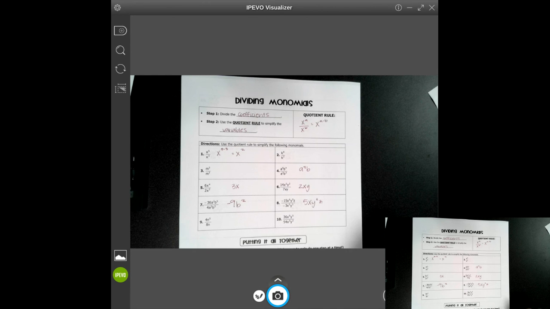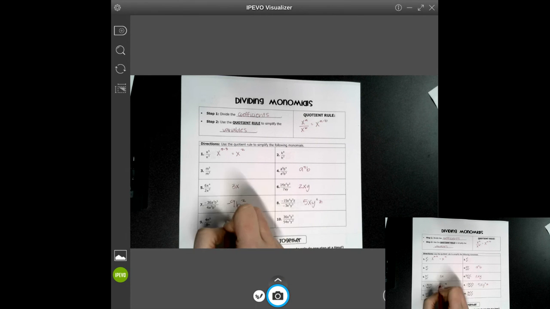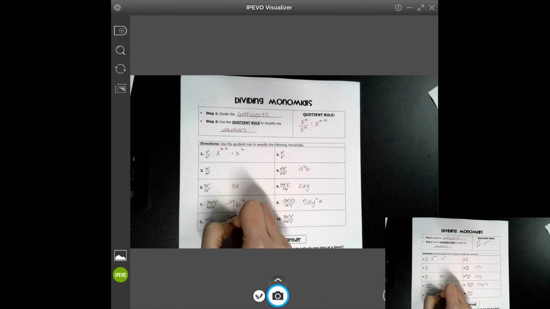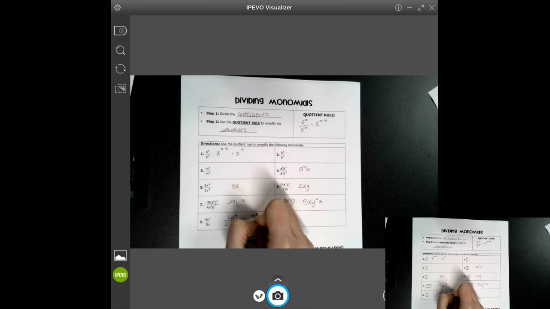They have a common factor of 4, so I can divide each of these numbers by 4, which would give me 1 over 2, and then I subtract my n's. n to the fifth over n would just be n to the fourth. Or you can write it as n to the fourth over 2. Okay, pause the video and try number 10.